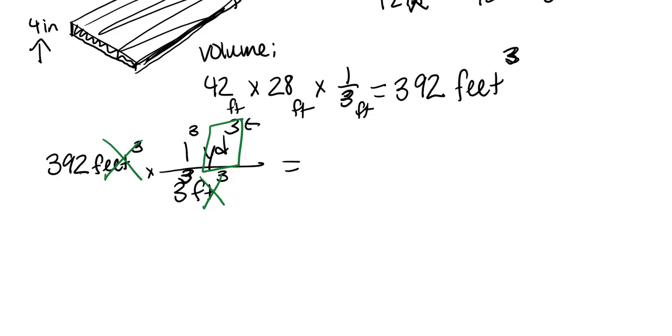So we know 392 times 1 raised to the 3rd power is just going to be 392. Then, we're going to simplify this first before we do this. 3 times 3 times 3 is then 27. So this is yards cubed.